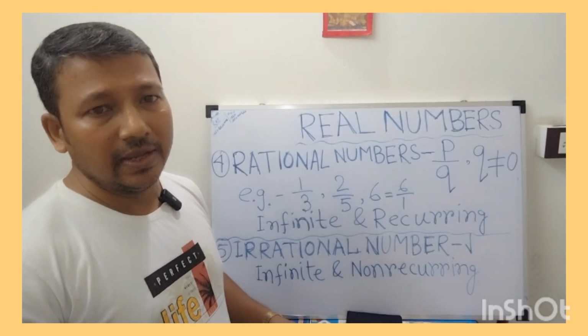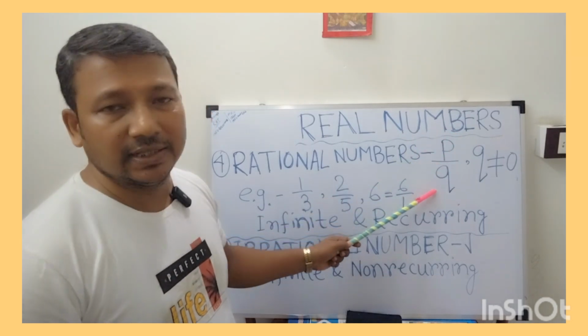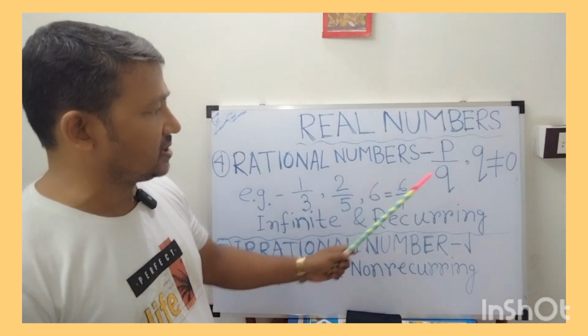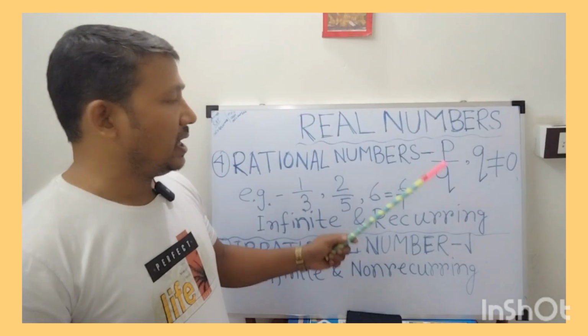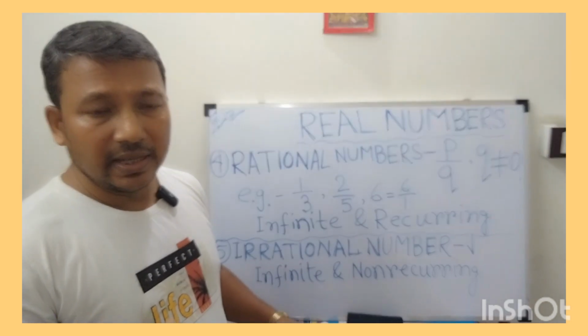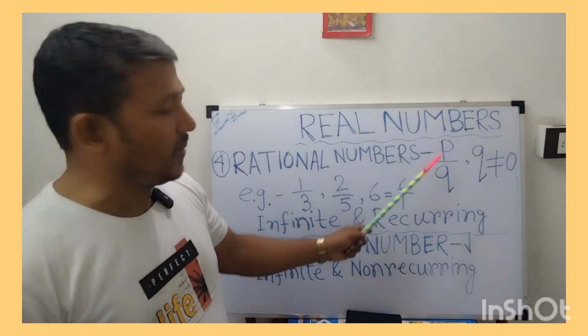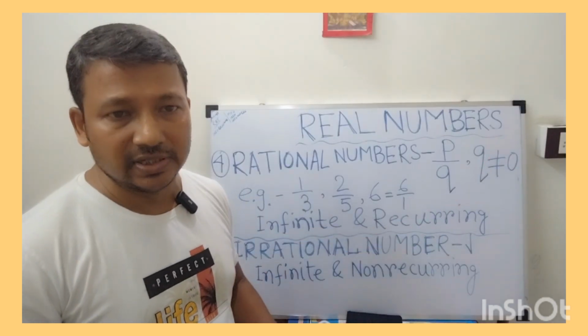And we know that every fraction has two parts: one is the numerator and the other part is the denominator. In the case of rational numbers, the denominator will never be 0. That is, if we can express the rational number as P by Q, then Q will never be 0, that is, Q not equal to 0.